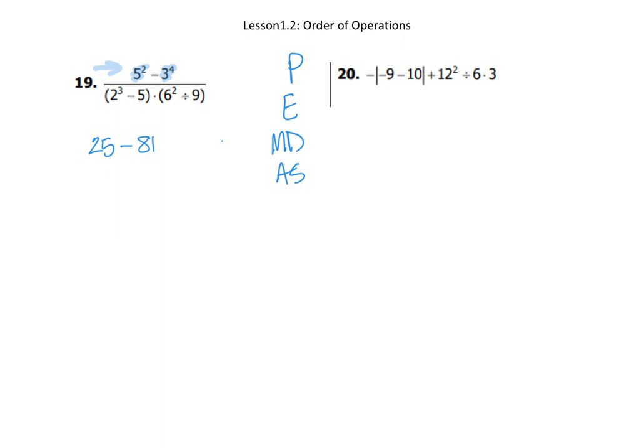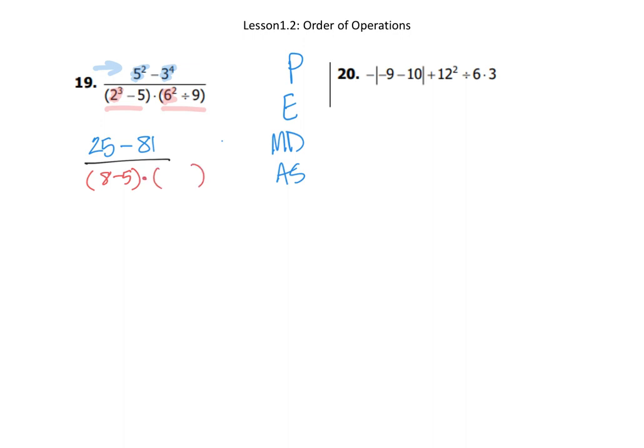Okay, then we're going to move on to our denominator. My denominator is showing two sets of parentheses. So we're going to look inside those parentheses and do what comes first, which is exponents. I've got a 2 cubed and a 6 squared that I need to simplify. So 2 cubed is 2 times 2 times 2, which is 8. We have 8 minus 5, and a times sign.